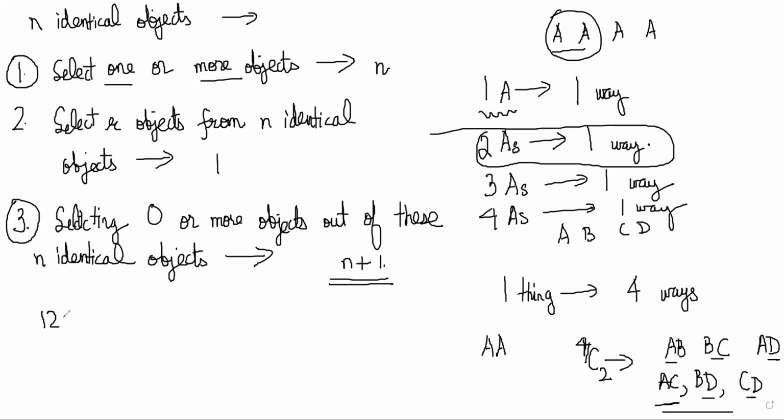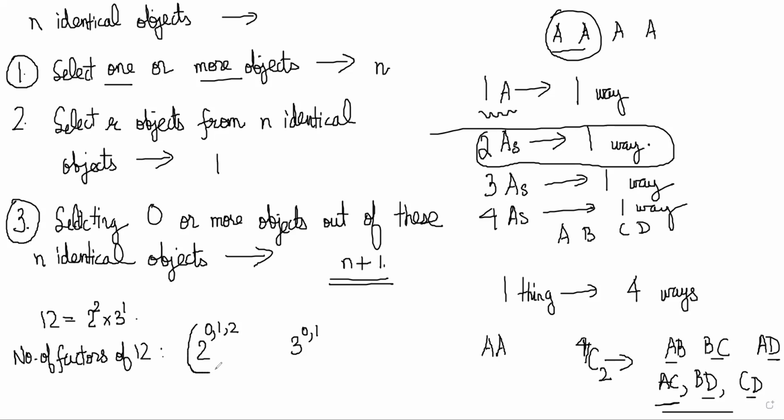This is important because think of a situation like this. Suppose you have 12 is equal to 2 power 2 into 3 power 1, right? So how do you count the number of factors of 12? You have to select powers of 2. Powers can be 0, 1 or 2, right? And powers of 3 can be 0, 1, right? So the number of ways to select 2 can be 0 or more 2's out of these.